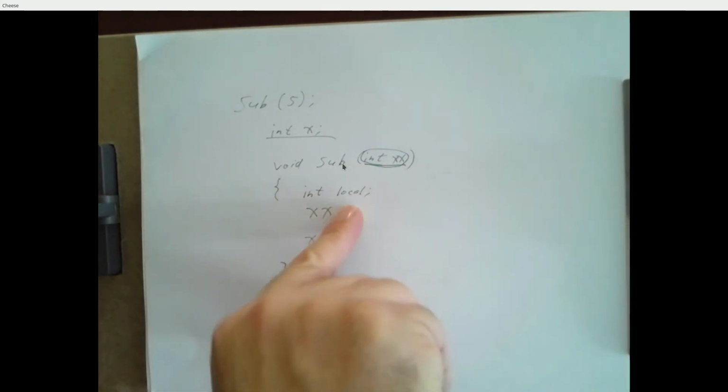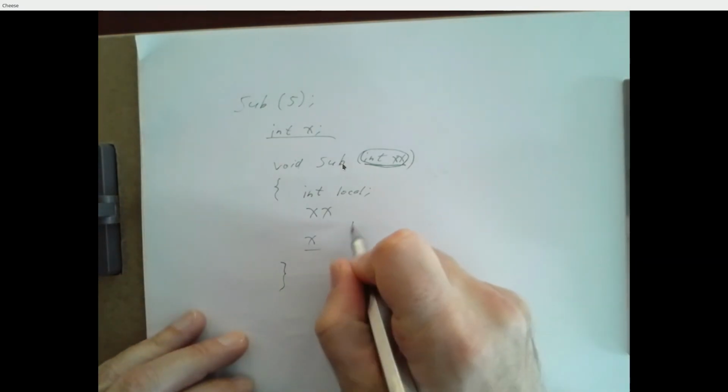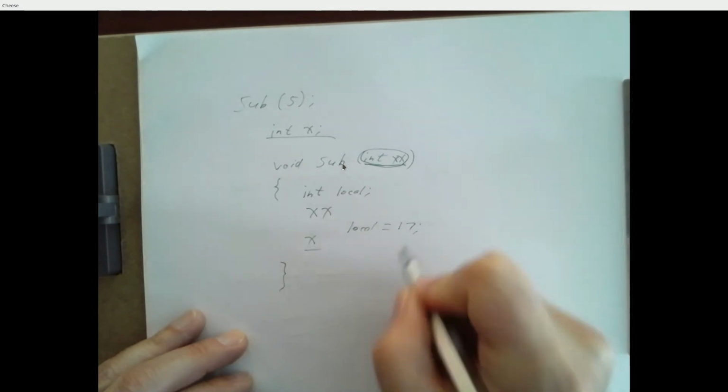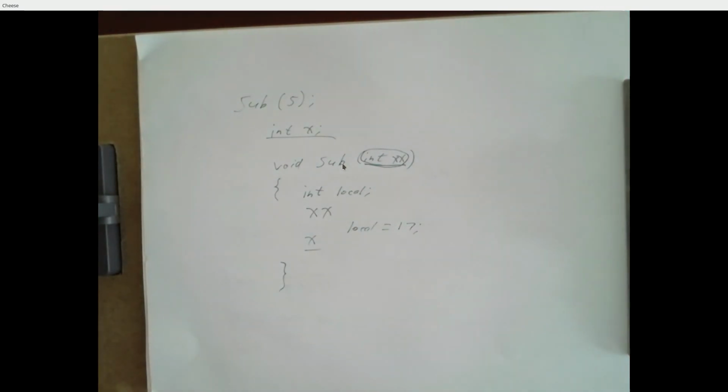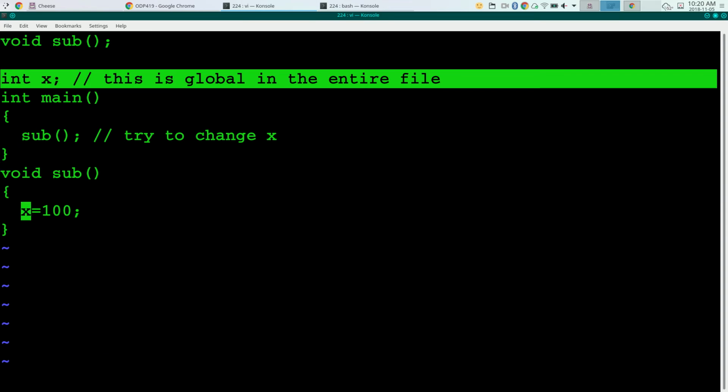So I define a local variable here. I call it local, right? And inside here I can say local equals 17. So let's try something. So here's a local variable.